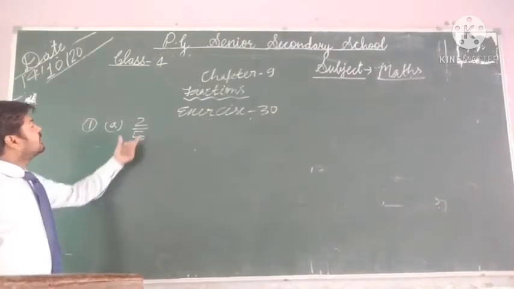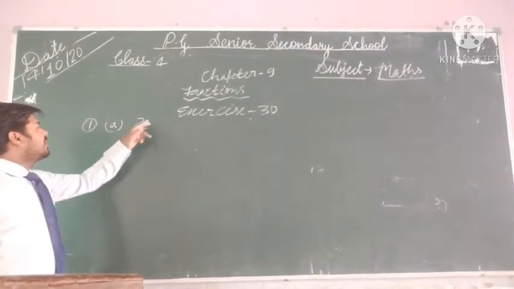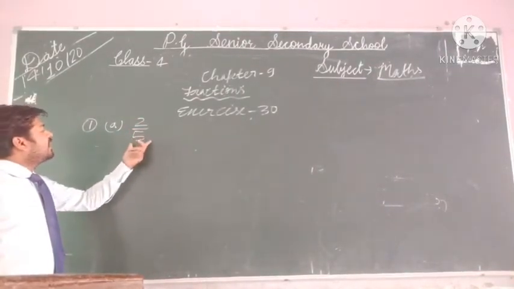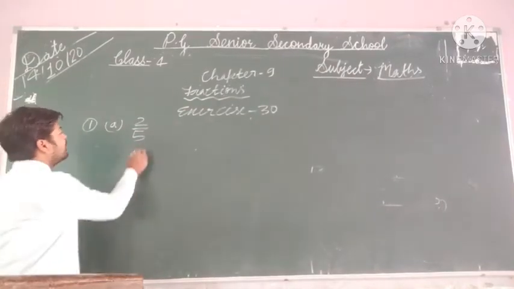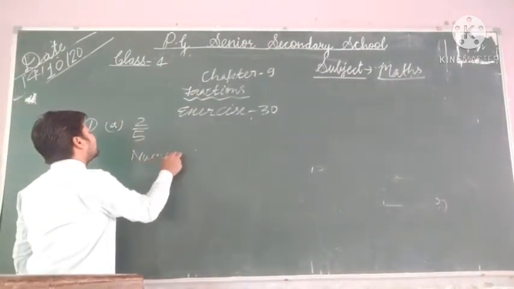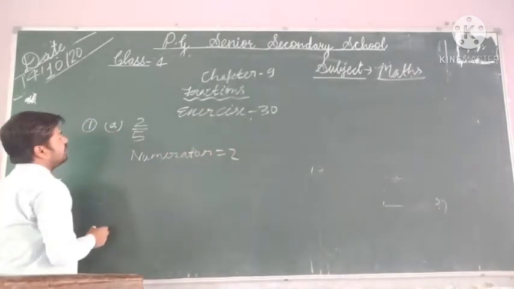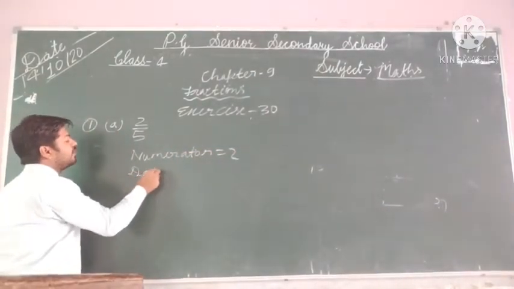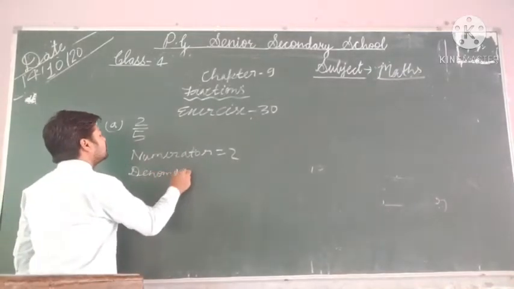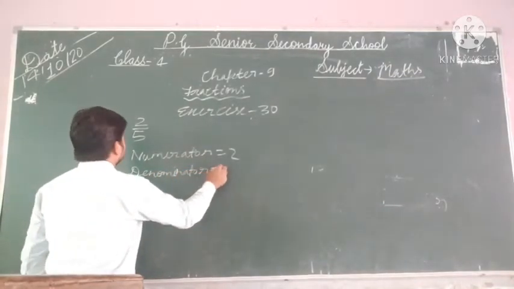The number which is written above the division line is called numerator and below the division line is called denominator. So numerator equal to 2 and denominator equal to 5.